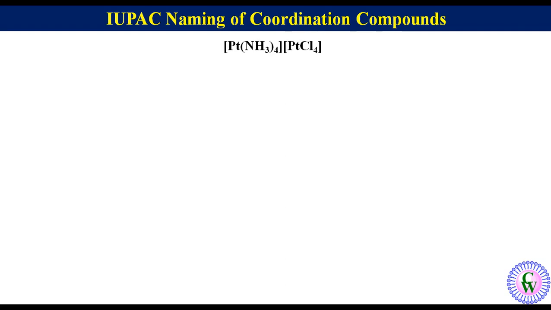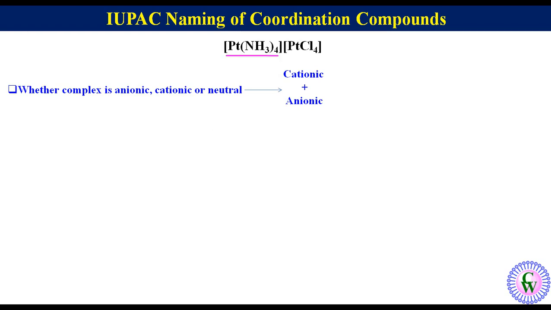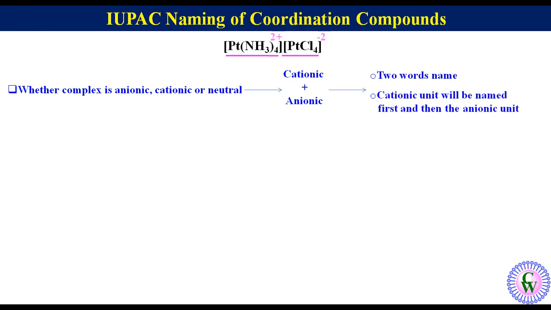Now let's take an interesting example of [Pt(NH3)4][PtCl4]. In this case too, we will first see whether the complex is anionic, cationic or neutral. In this case, it is both cationic and anionic. This part with +2 charge acts as a cation, and this one with -2 charge acts as an anion. So the complex name will be of two words. The cationic unit will be first and then the anionic. The common name of the metal will be used in the cation, which is platinum.